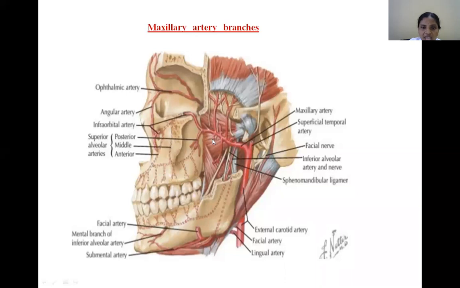And through the gap between these two heads, it leaves this infratemporal fossa. So we cannot see the third part in the infratemporal fossa, as it leaves through the muscle, right? So the first segment provides here the inferior alveolar artery. So one by one, some of the important arteries we'll discuss.